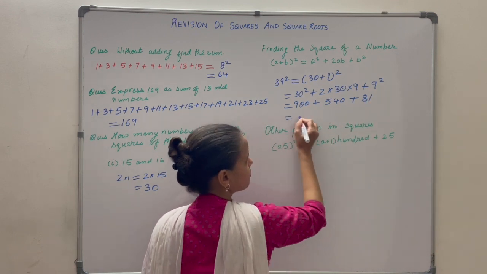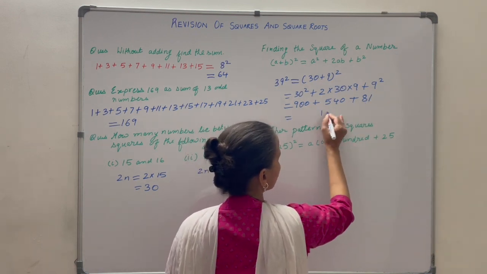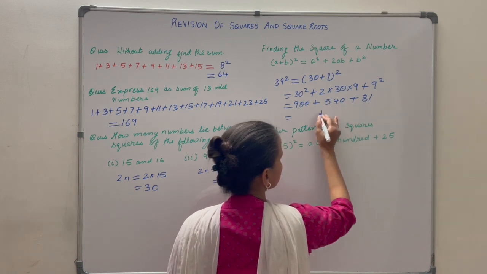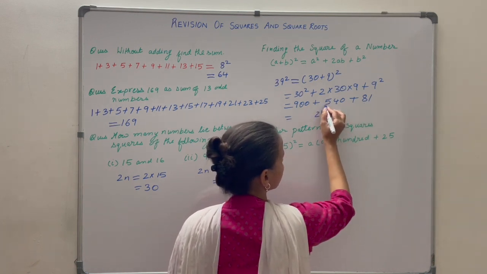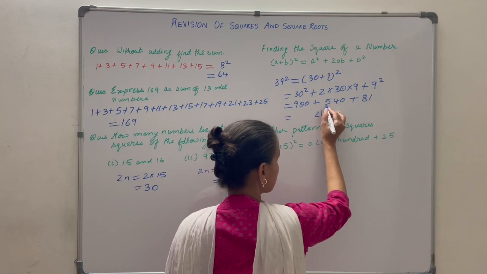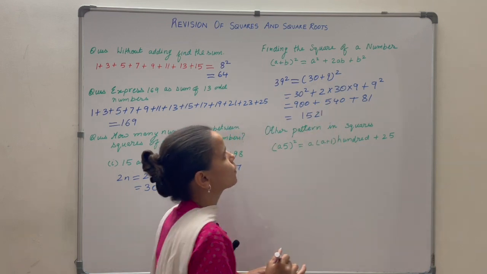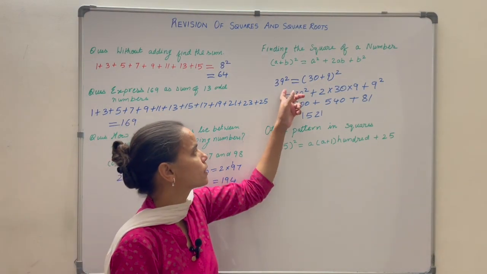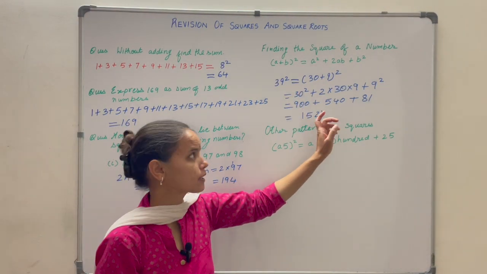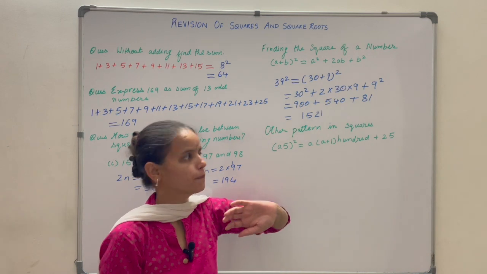Now you need to add up all. In the units digit you have 1. In the tens digit, 8 plus 4 is 12, carry over 1. In the hundreds place, 5 plus 1 is 6, 6 plus 9 is 15. So you have found out the perfect square of 39 without doing actual multiplication by using this formula.